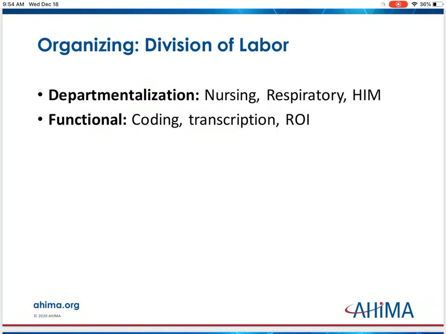And so, for example, your HIM department, those are divided into functional groups. You have a coding staff, you have transcriptionists, you have your release of information clerks. So those are based on function. And we're going to talk a lot more about HIM and how it is structured when we get to Chapter 11.